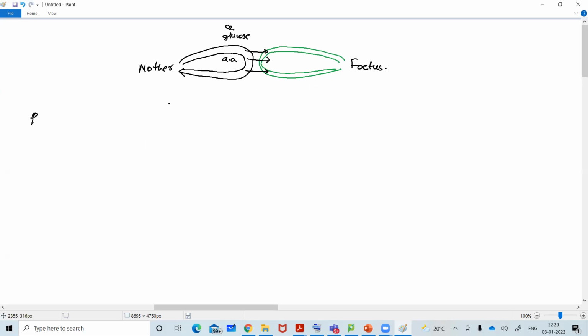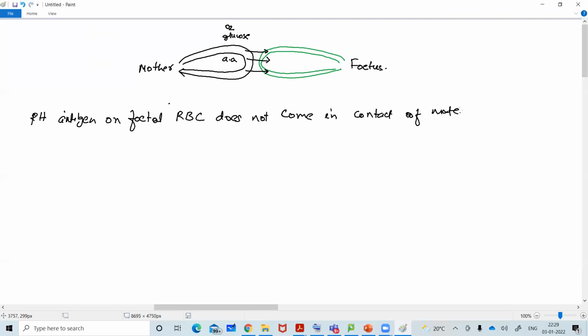So you can say here that Rh antigen on fetal RBC does not come in contact with maternal blood. You can see in the diagram that both the blood vessels are present in close proximity, but there is no direct connection.